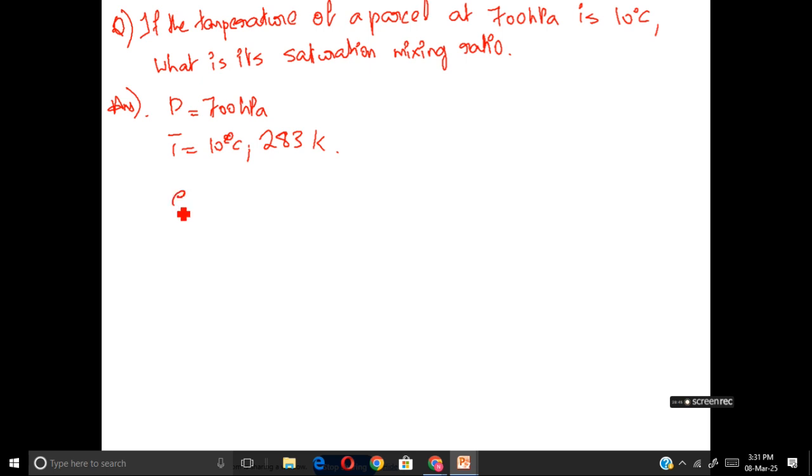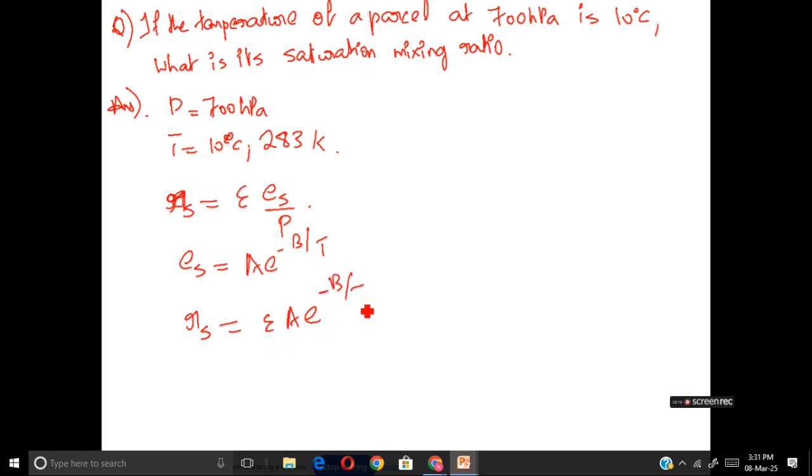Now we have to find RS. RS, the saturation mixing ratio, is given by epsilon into ES by P. And ES we know is A raised to minus B by T. So if we substitute, RS is epsilon into A raised to minus B by T, the whole divided by pressure.